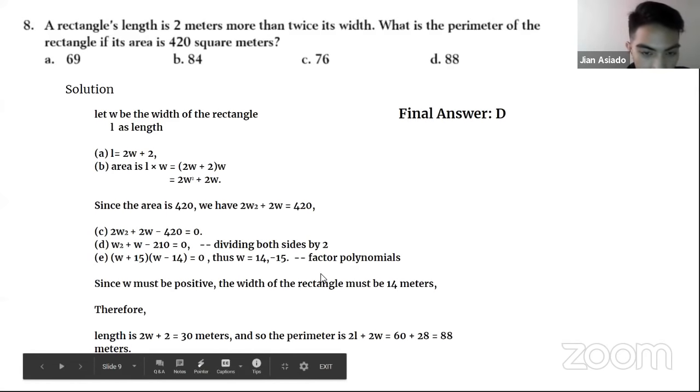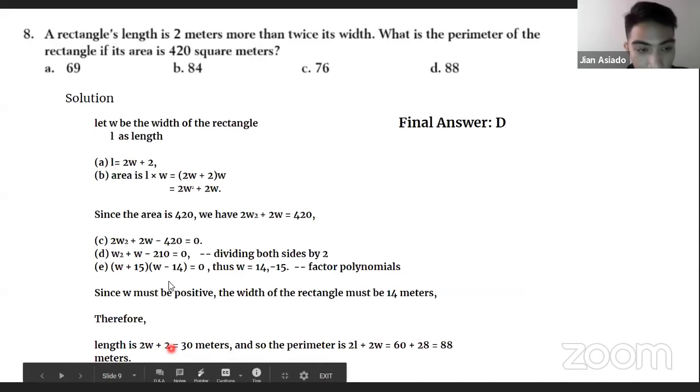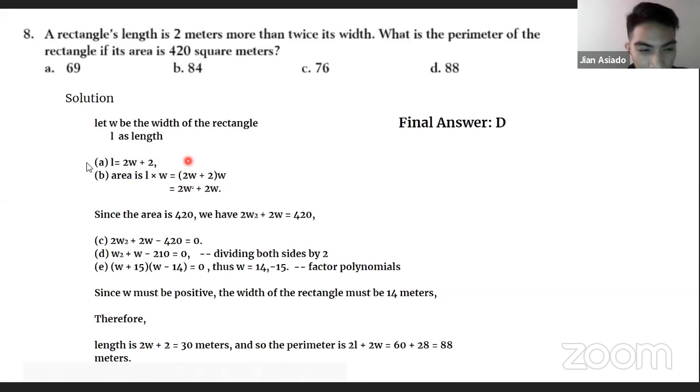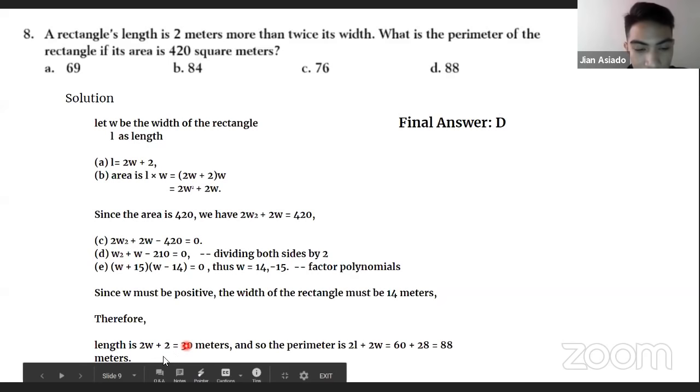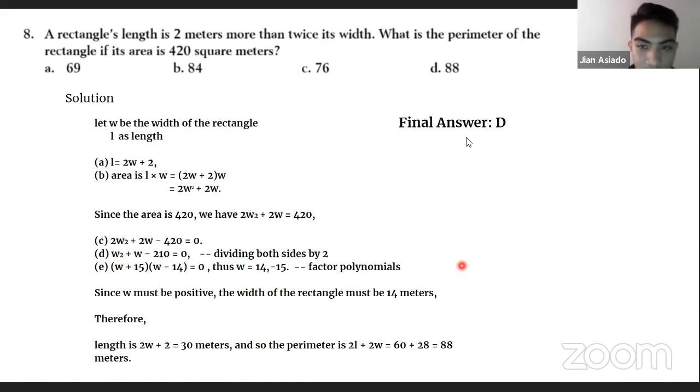Therefore, the length is 2W plus 2, coming back to step 1, which is 30 meters: 14 times 2 plus 2 is 30. And so the perimeter, with the formula 2L plus 2W, is 60 plus 28, which is 88. So, letter D.